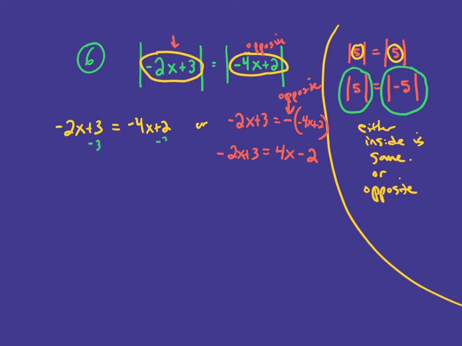Subtract 3. Actually, let's go back. Anytime you've got x's on both sides, probably what you might want to do at the start is just to get the x's on the same side. So we've got negative 4x on the right, negative 2x on the left. It doesn't matter which way you move the x's. I'm going to go ahead and add 4x.